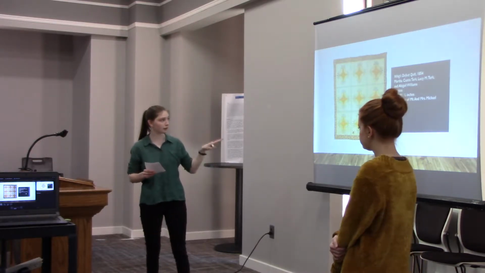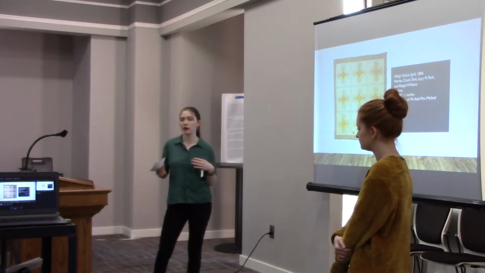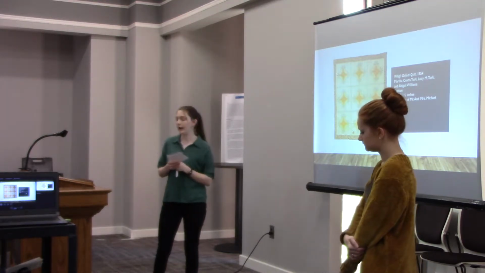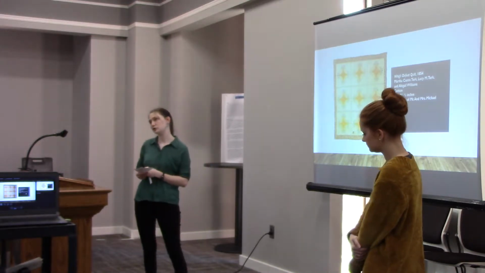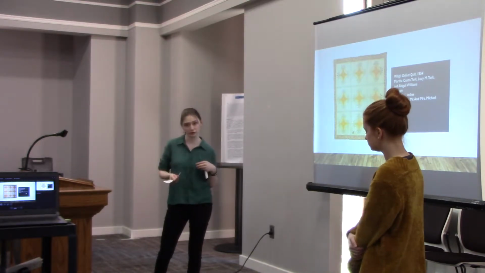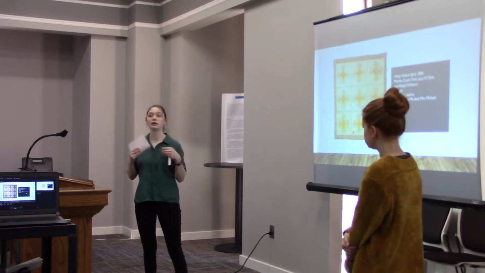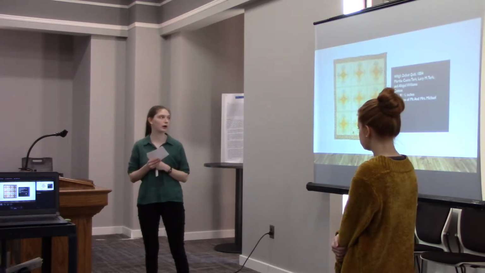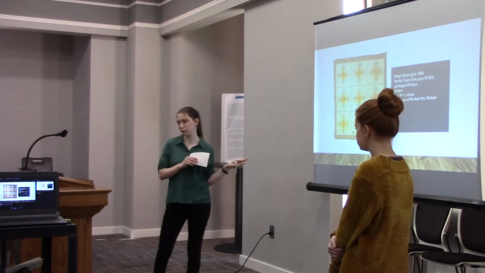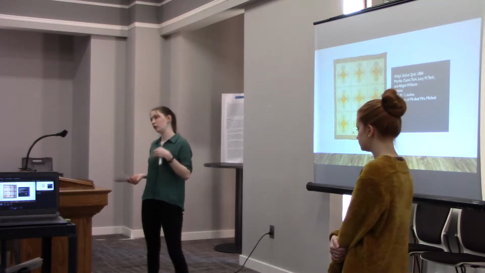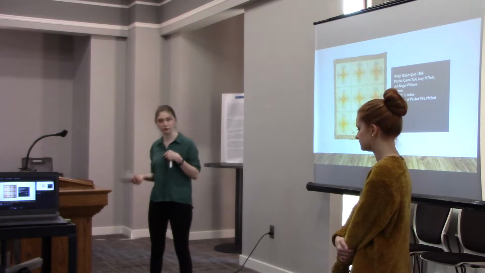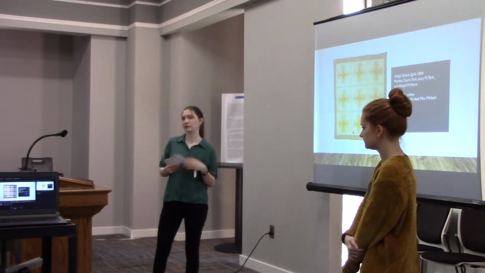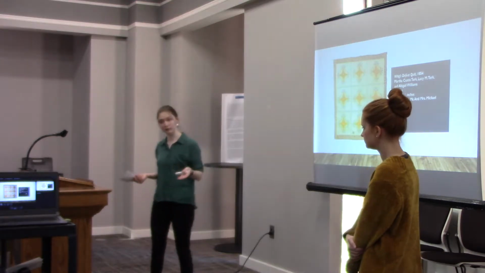This one, made by the Turk sisters, was actually copied from another design called Whig's Defeat, and that was in reference to the 1844 presidential election when James Polk defeated the Whig candidate Henry Clay. So block quilt designs like this were a way for them to make references to events and show their views during a time when they weren't allowed to vote and often not allowed to express their opinions.